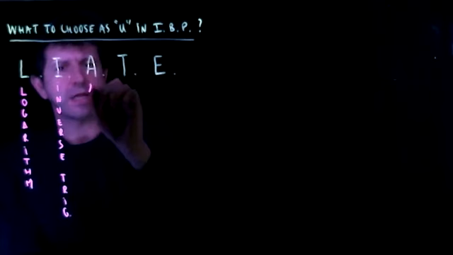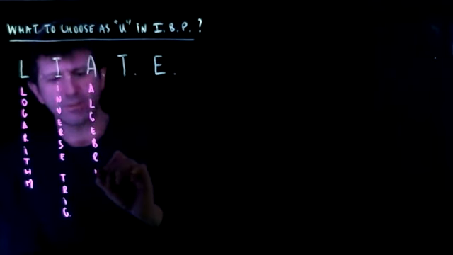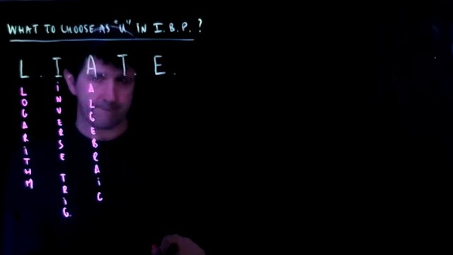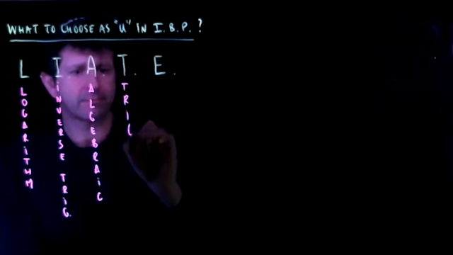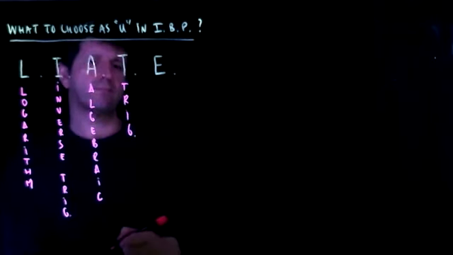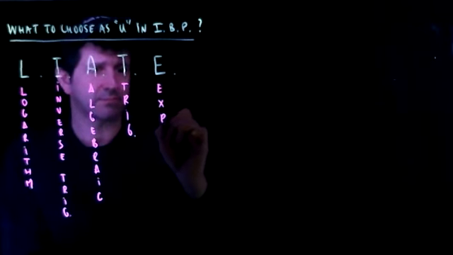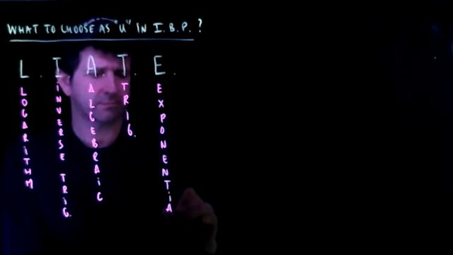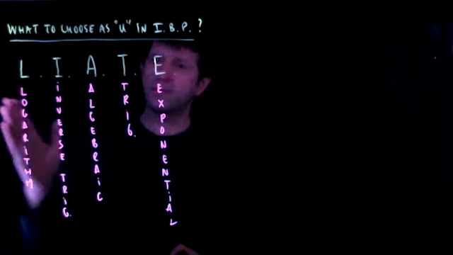Third, A is algebraic, so an algebraic expression, like x squared, any polynomial. Then you look for a trig. And then as a last resort, you take the exponential. These are the priorities.